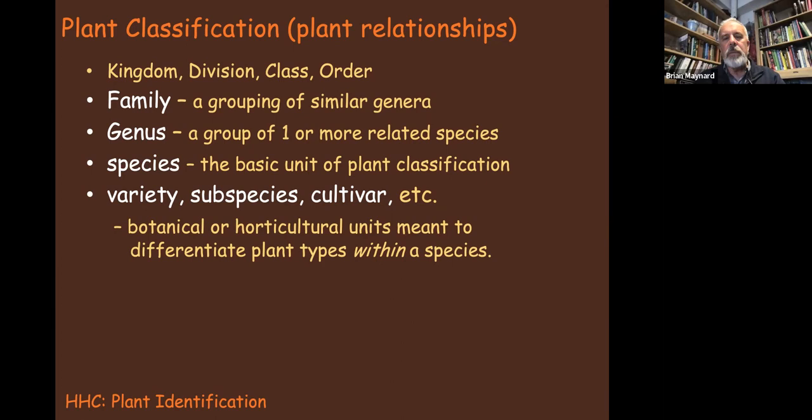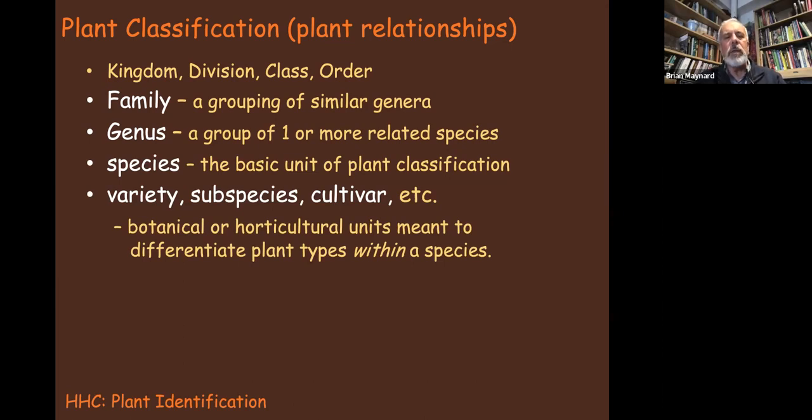But species is considered the basic unit of plant classification. So when you identify a plant in Newcombs or any of the other field guides or on GoBotany, your goal is to get down to the species level and to also keep track of the genus that you're working in and the family. And we'll look at an example of this coming up.